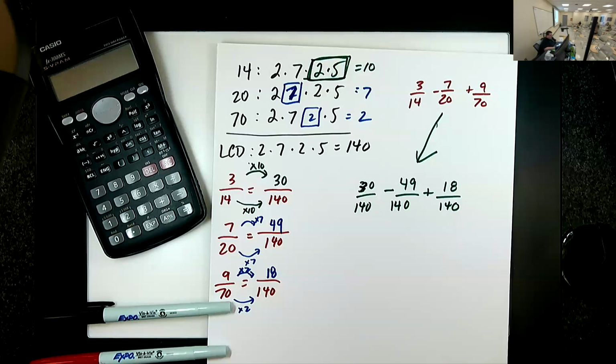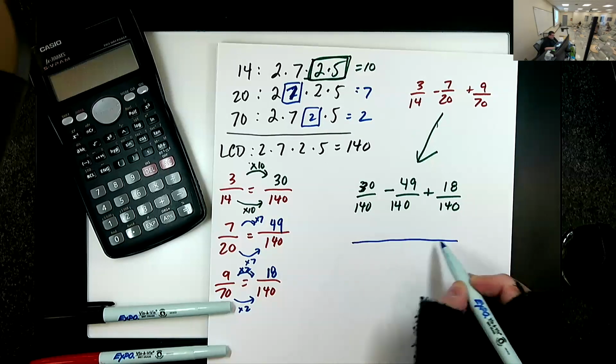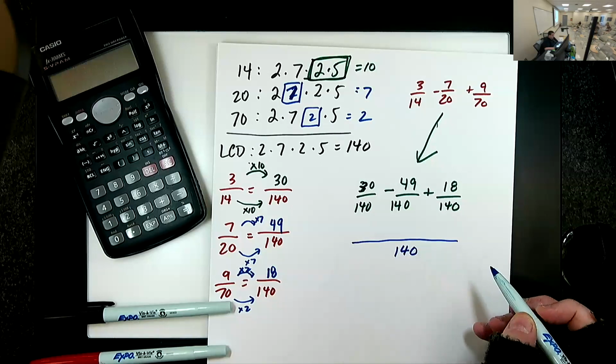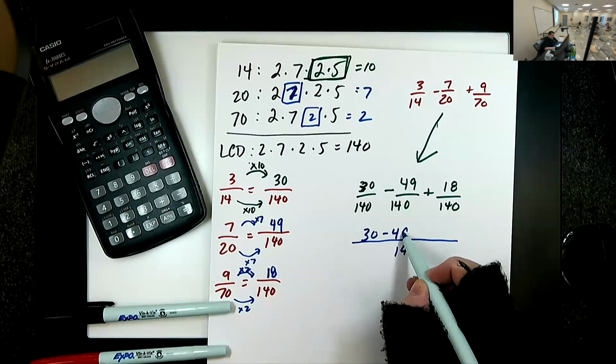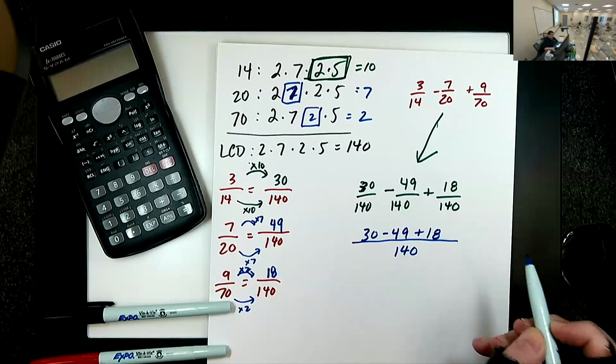Now, what we did before, we do it again. We make the denominator the same as all the other denominators, which is the 140, and we do the operations on top like that.